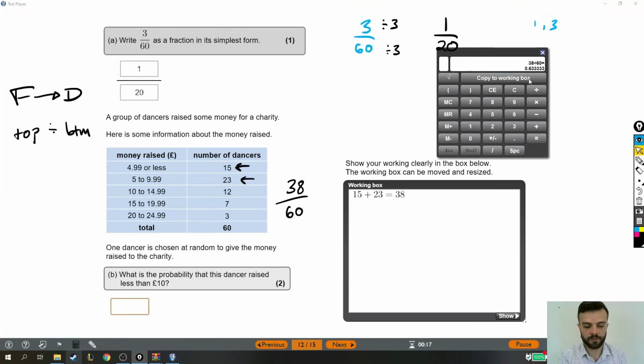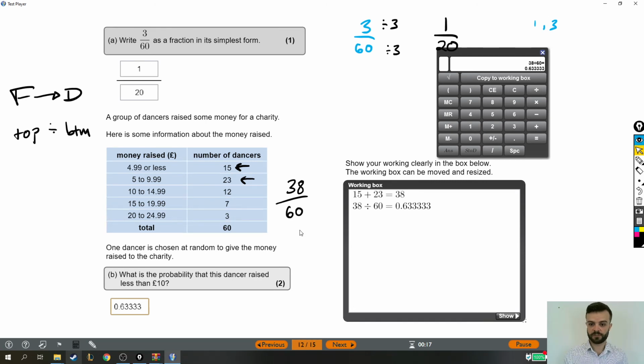The answer is this decimal, 0.6 with loads of 3s. We don't necessarily have to put all of those 3s, but I am going to put 0.63333, and I think that is sufficient. It's frustrating it doesn't let you put a fraction in, because I would say that the more obvious answer is 38 out of 60.